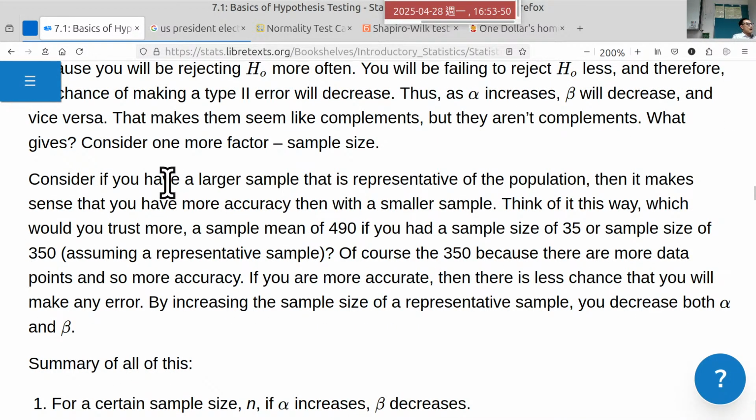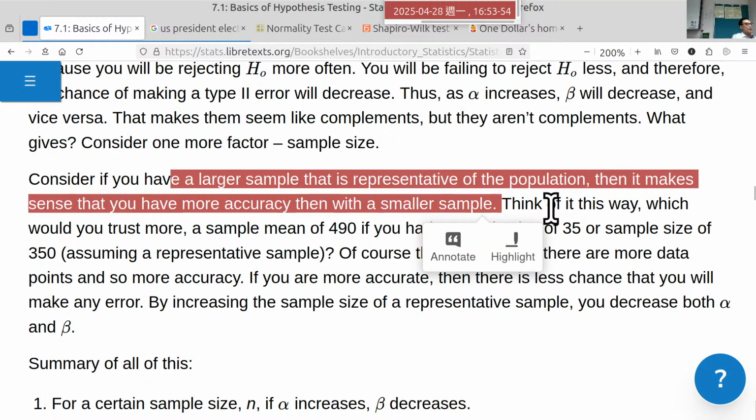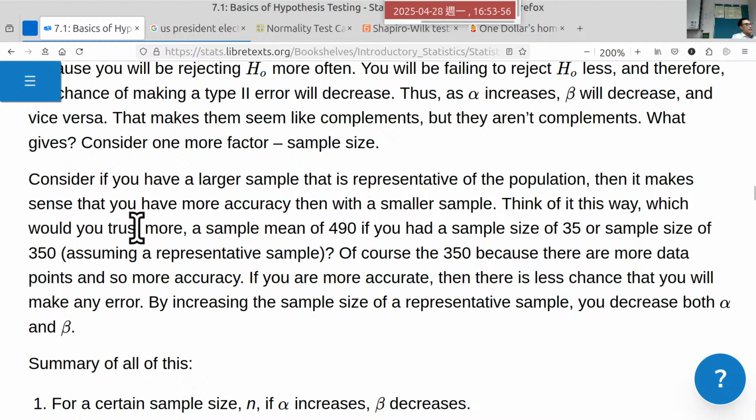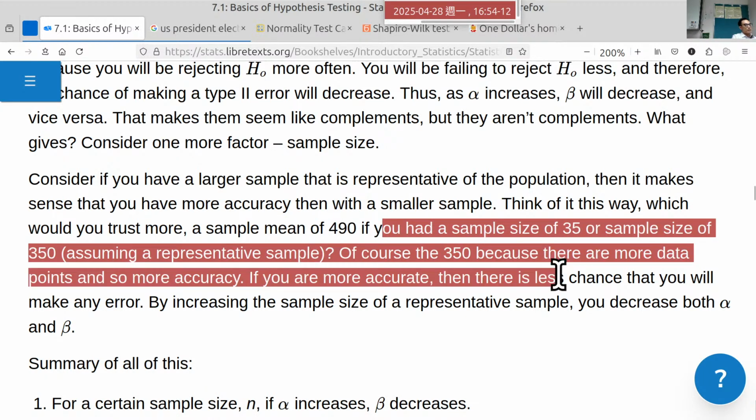Okay, consider if you have a larger sample that is representative of the population. It makes sense that you have more accuracy with a larger sample. Think of it this way: which would you trust more, a sample mean of 490 with a sample size of 35, or a sample size of 350?